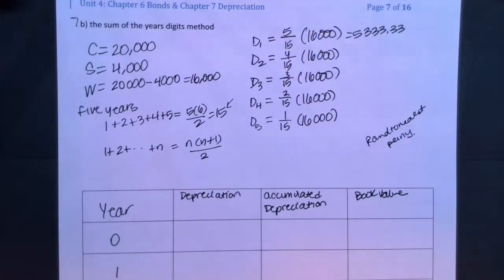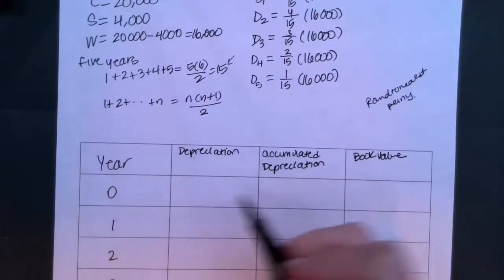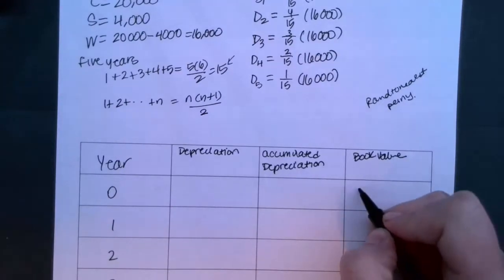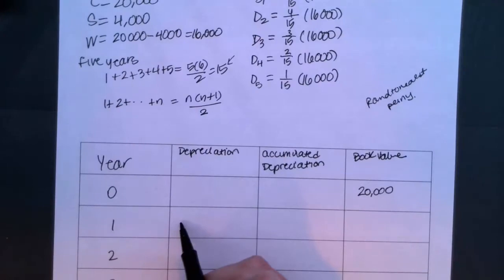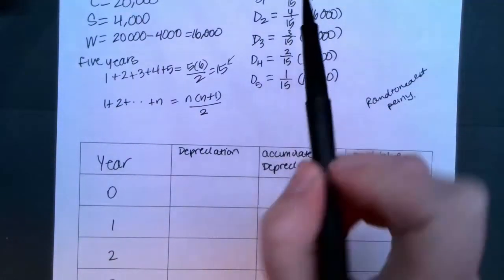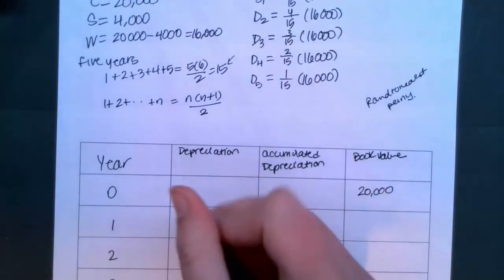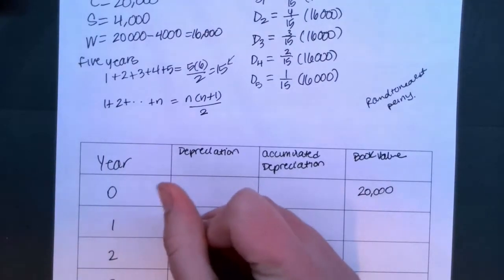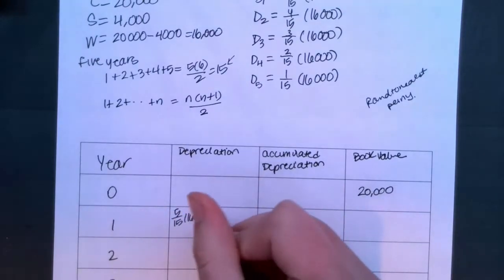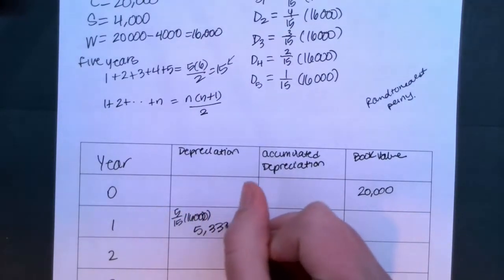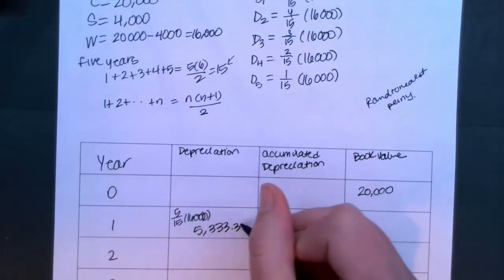Okay, jump down to our table and fill in the first 2 rows, just knowing this piece. Okay, so year 1, no depreciation, no accumulated depreciation. Our book value is at 20,000. So here our depreciation was 5/15 of 16,000. So $5,333.33.